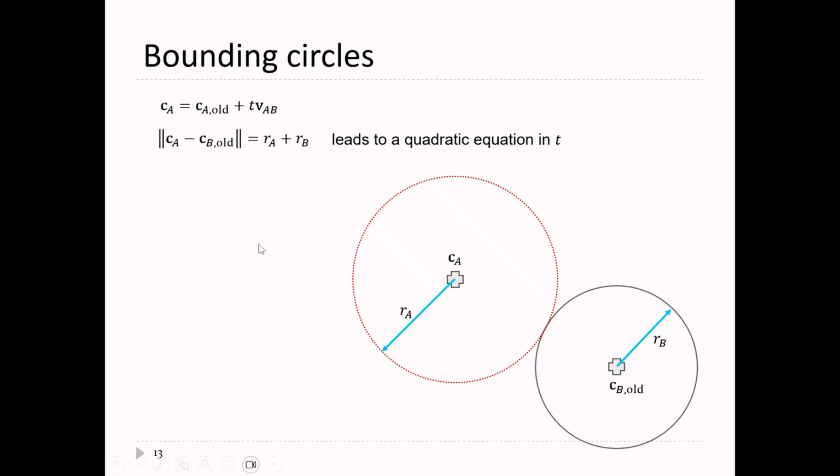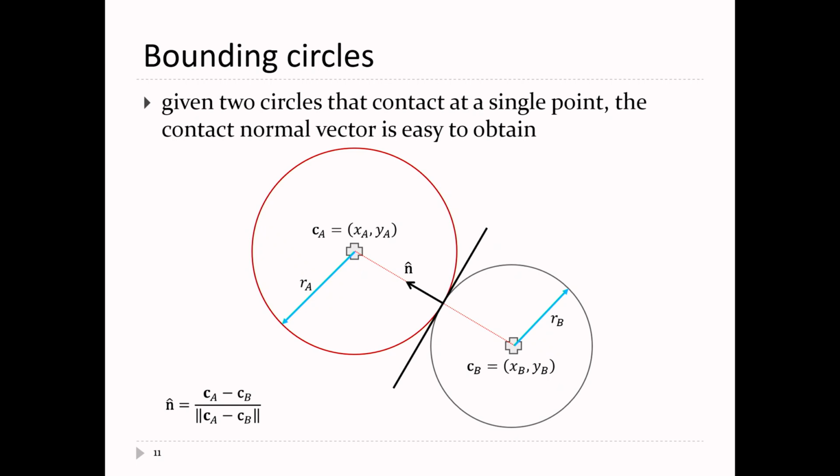So circles also work, and they're not too bad. Detecting whether or not they overlap is easy. This is not so hard, but it's nice if someone works out the math for you. Finding the normal at the point of contact is dead easy, and so you can easily resolve collisions using circles as well.